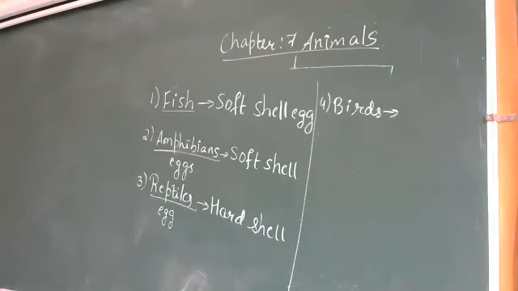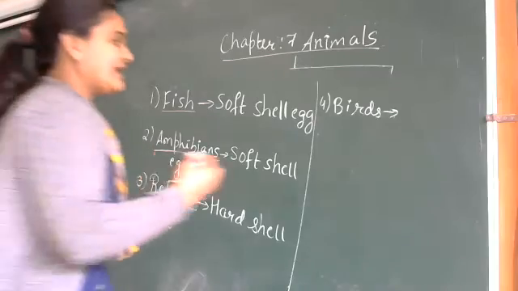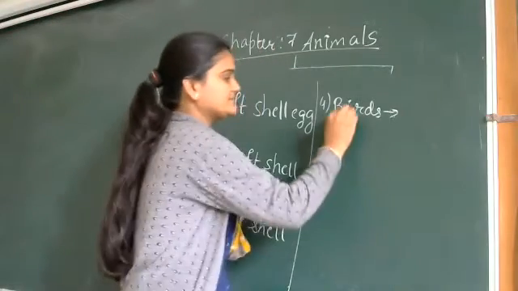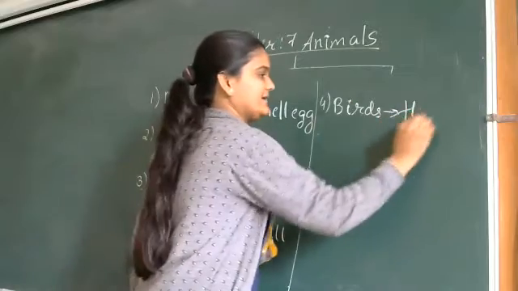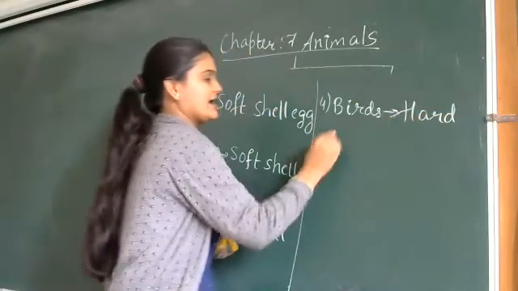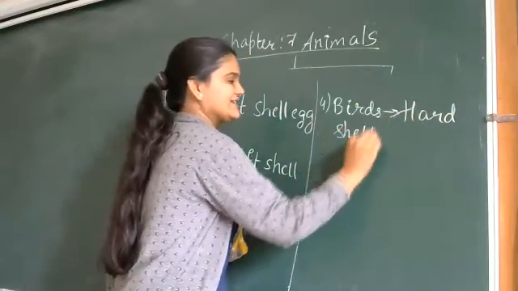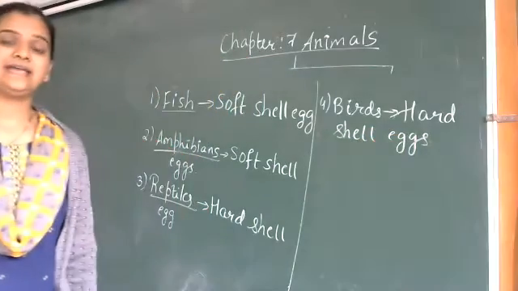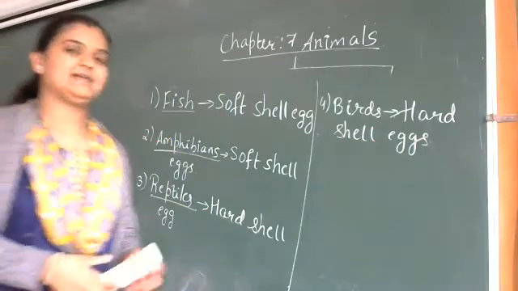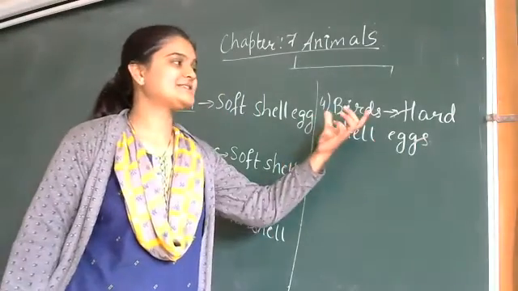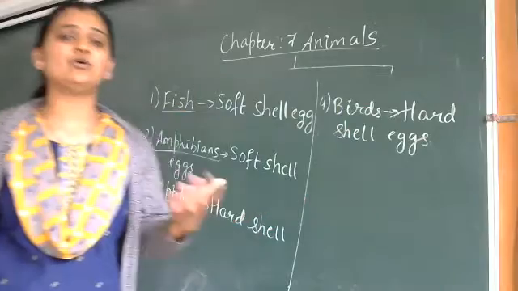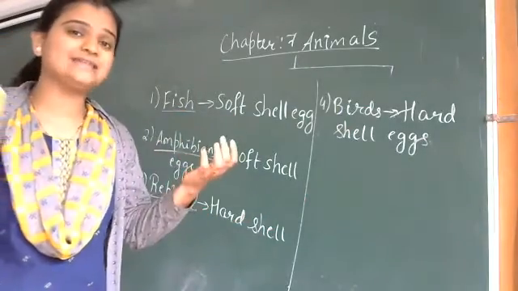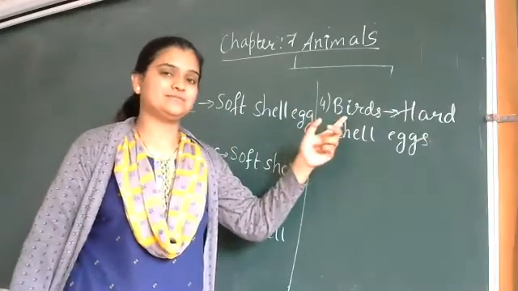And what is the nature of the egg? Whether it is soft or hard? Hard. Yes, they lay hard shell eggs. The examples are pigeon, sparrow. The ones who have the ability to fly come under birds.